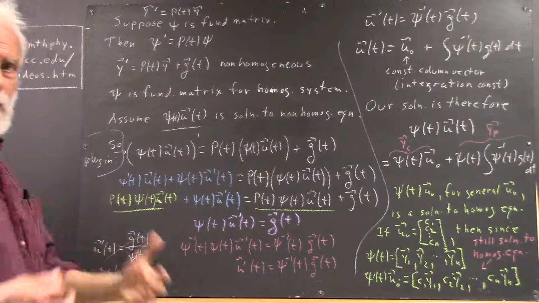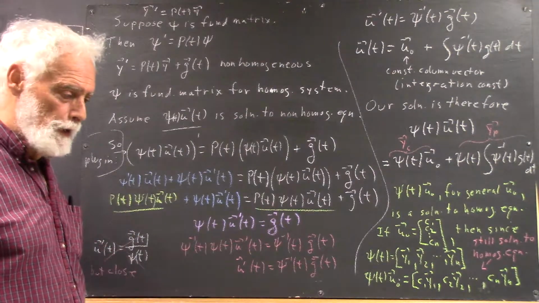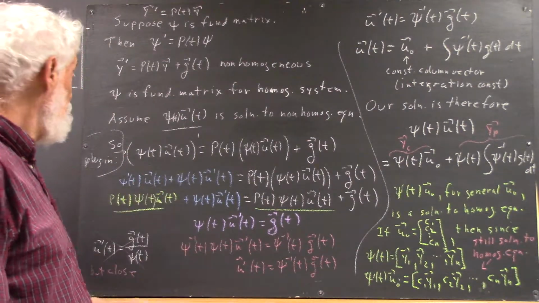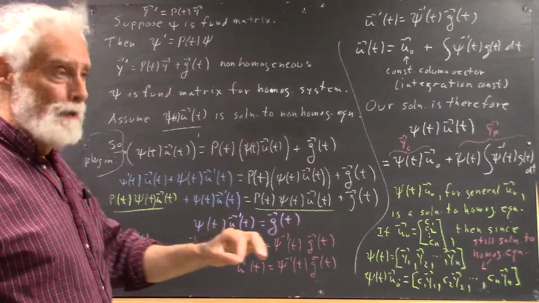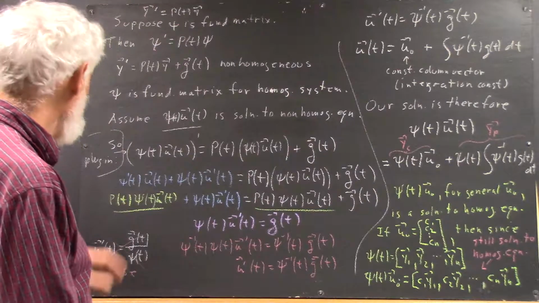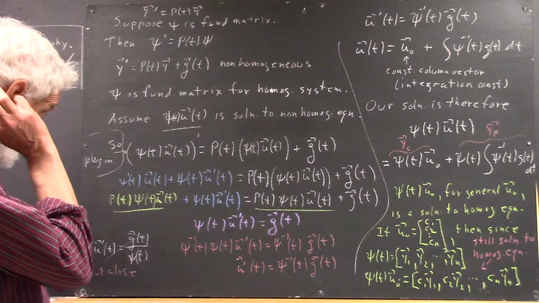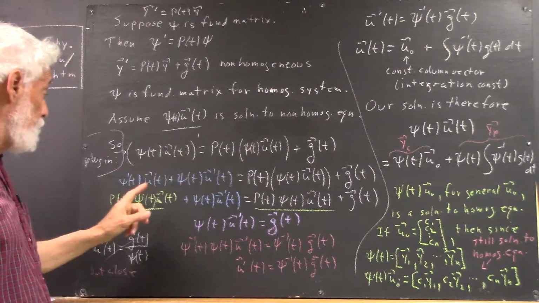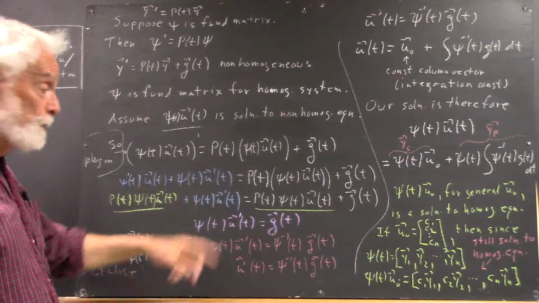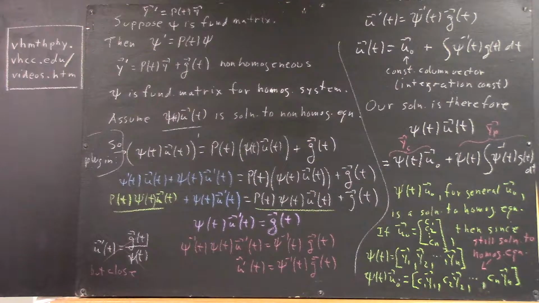Things work out just about the way you would expect, analogous to calculus. I urge you to understand why, so you can check yourself if you ever need to make an assumption you're not sure of. And you should always be unsure of your assumptions unless you can prove them. So this derivative is psi prime of t times u of t plus psi of t times u prime of t, and that equals the right-hand side.